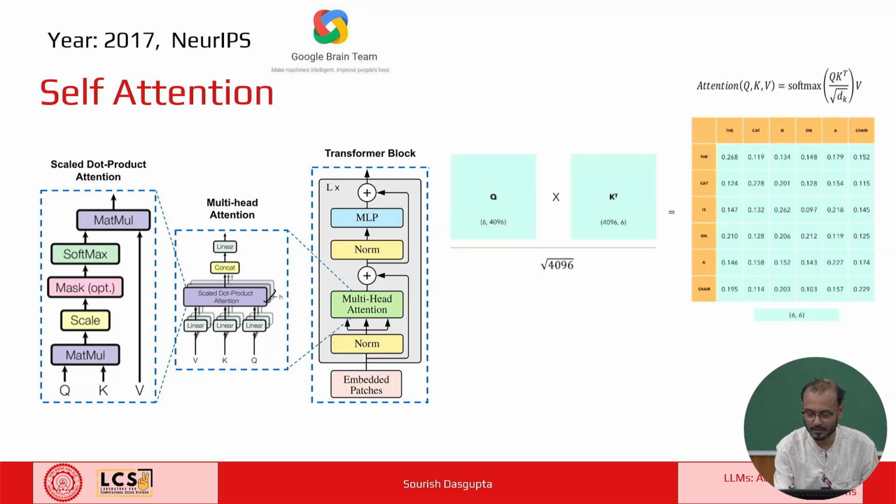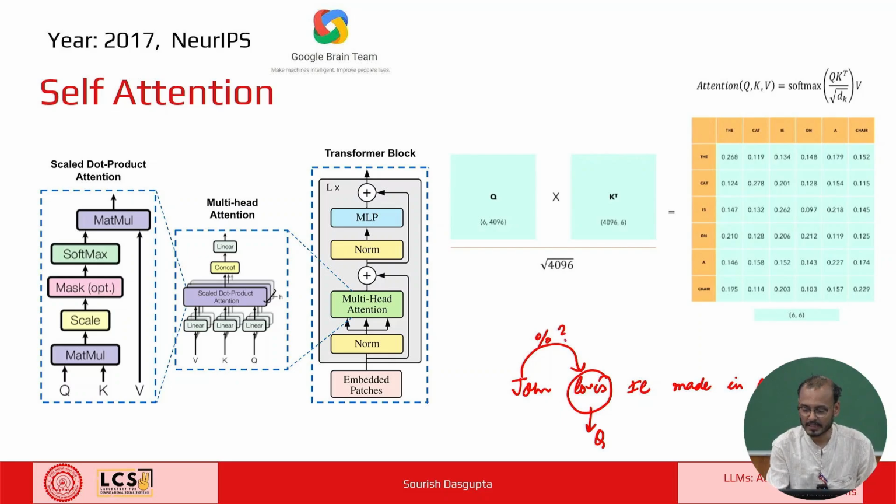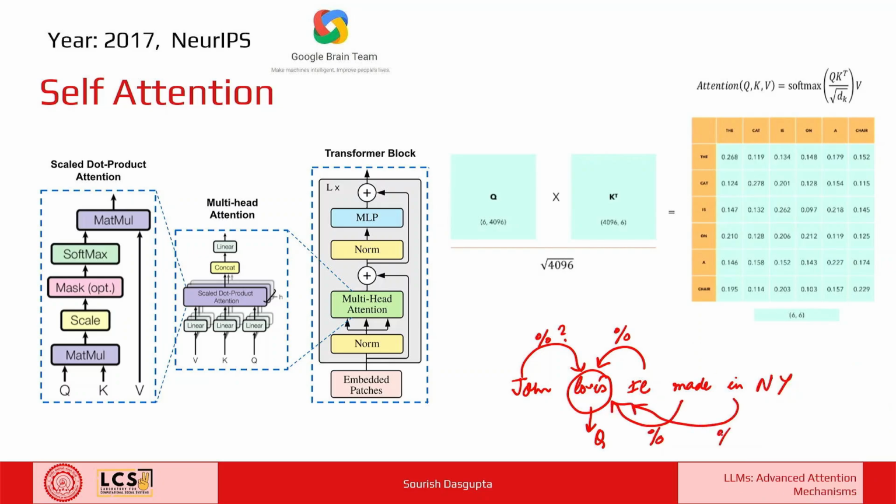So let's say "John loves ice cream made in New York", and let's say loves is my query. What I'm trying to do is see what is the percentage of influence that each one of them has individually, independently.